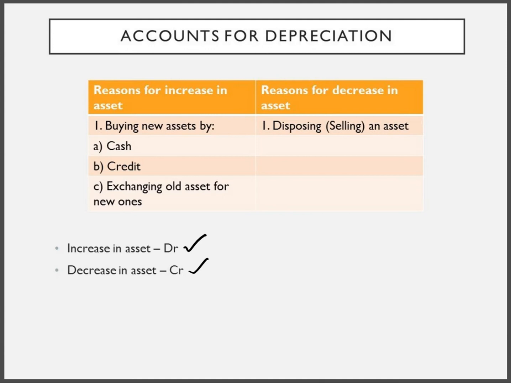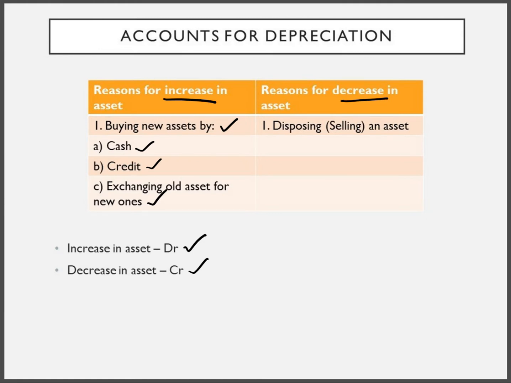Now we need to identify why our assets might increase or decrease. Assets usually increase when we buy new assets, and this buying of assets might be in different forms, like buying assets in cash, buying assets on credit, and exchanging old assets for newer ones.